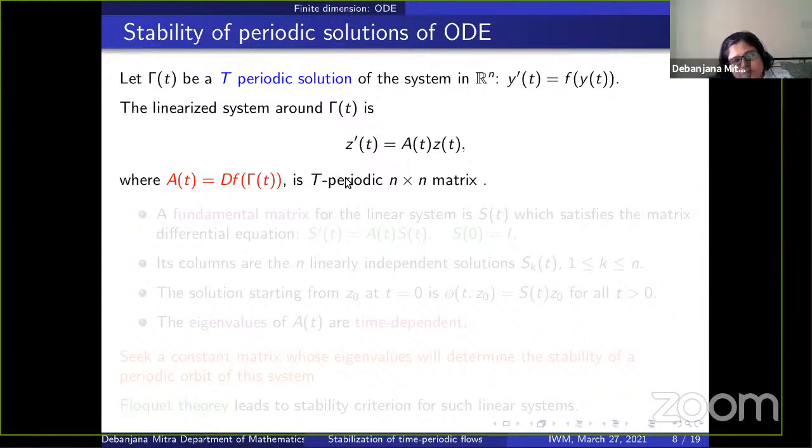So definitely we have to adapt some new technique to obtain the stability criteria for such a system. So what is that? First of all, how do we solve, and what is the meaning of the trajectory of the solution? Those are all already well studied.